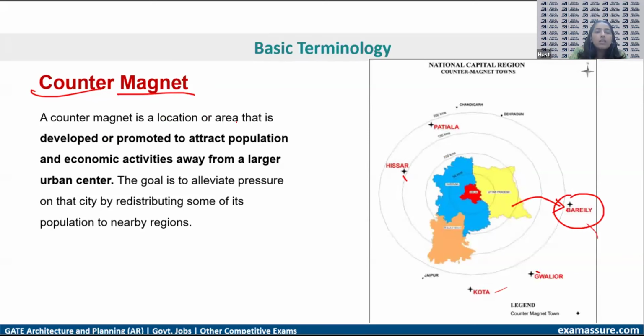So a counter magnet is a location or area that is developed to attract population and economic activities away from the larger urban center. In the case of the NCR region, Kota, Hisar, Patiala, Bareilly, and Gwalior have been developed as counter magnets to lower the pressure on the NCR region.